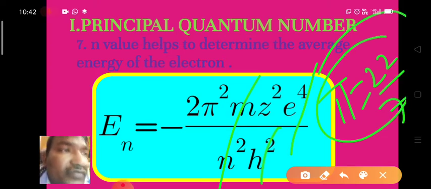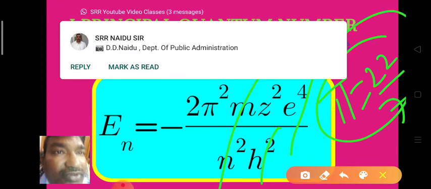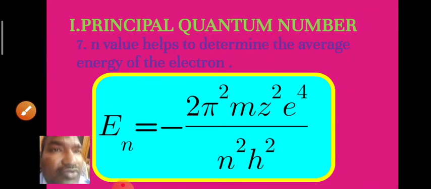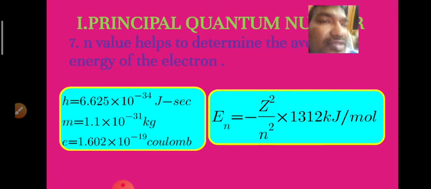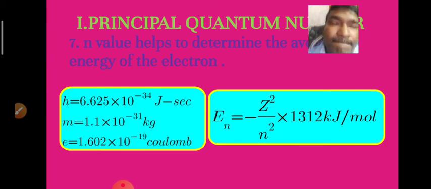So if we substitute all these values in this equation, what do we get? Look here. We are taking the values in MKS units. In MKS units, the Planck constant value is 6.625 into 10 to the power of minus 34 joule second.